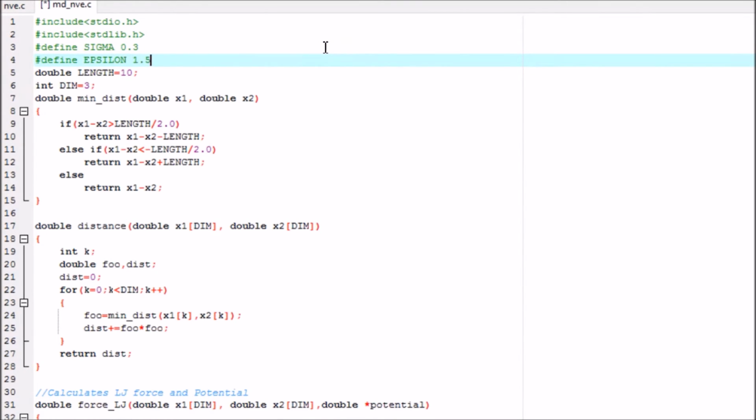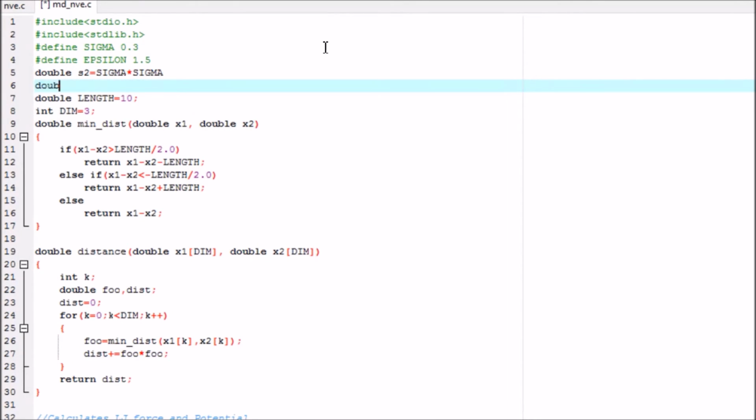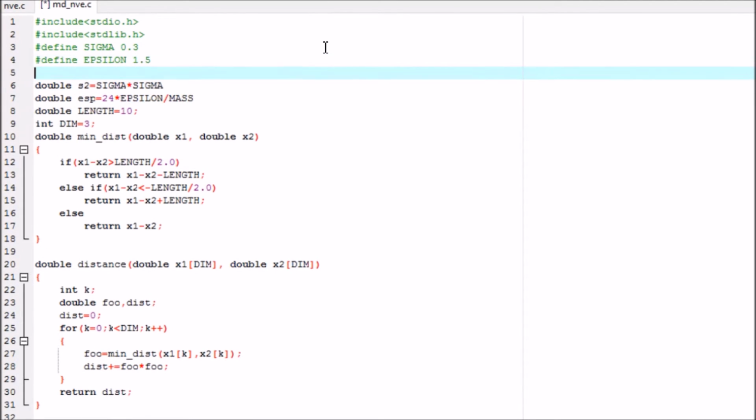And then we define something called double s2 equals to sigma into sigma, and double ESP equals to 24 into epsilon by mass, and hash define mass for now as 1.